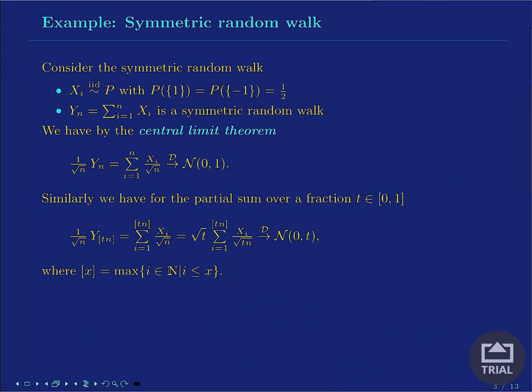So to start with the functional central limit theorem, we consider a symmetric random walk. So we have random variables ξi that are independent identically distributed and can take the values 1 and -1 each with probability a half.